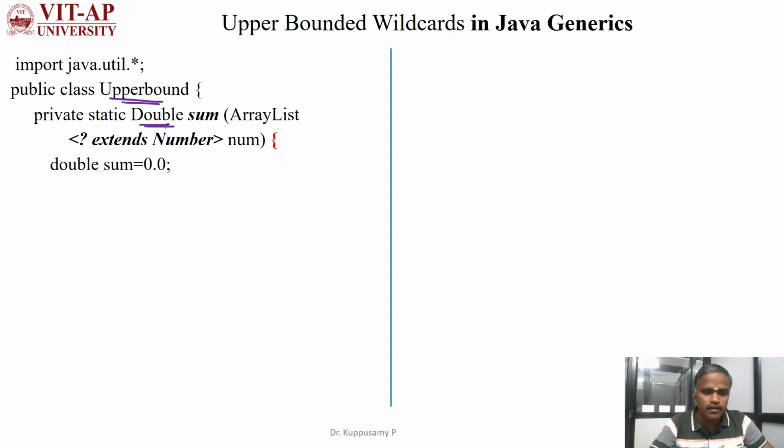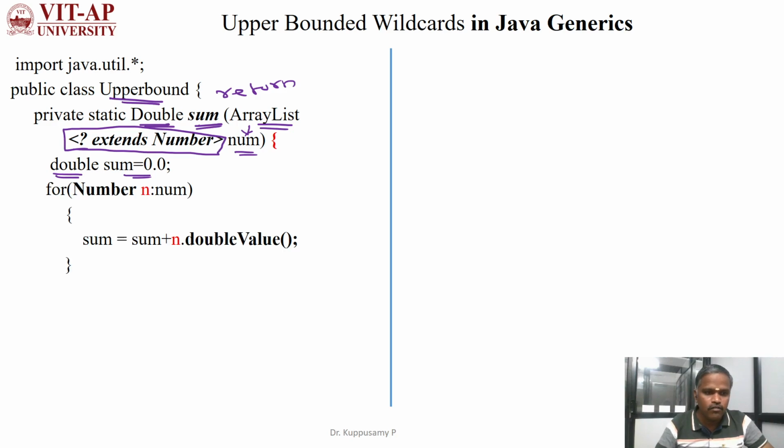Then I am using double as the return type of the method. Then sum is the method name. Then I am using ArrayList, which has the wildcard usage, the upper bounded wildcard question symbol extends the Number class, which receives the data through the variable num. Then I am using the primitive data type double, sum is assigned 0. Now I am using the Number class here.